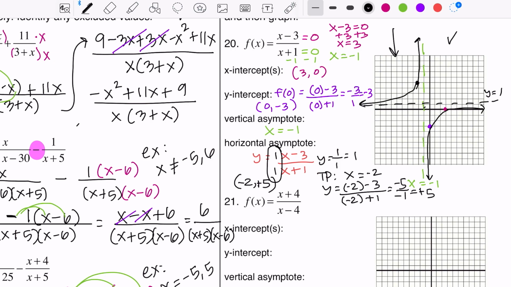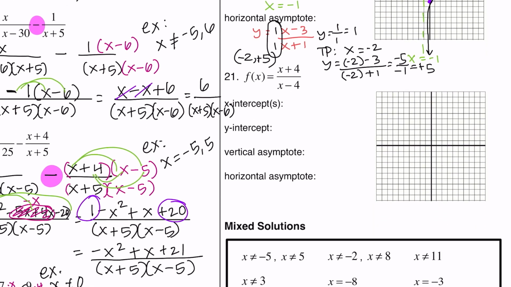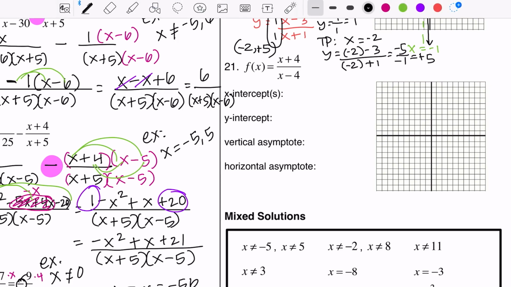So there are a lot of steps when you're doing that, but you can make it easier on yourself just by remembering the rule of zeros. So again, numerator equals 0. That's going to be that x is -4. So that's my x-intercept. Then the next thing is that the denominator equals 0, which gives me x equals 4, and that's going to be my vertical asymptote because it's the excluded value.